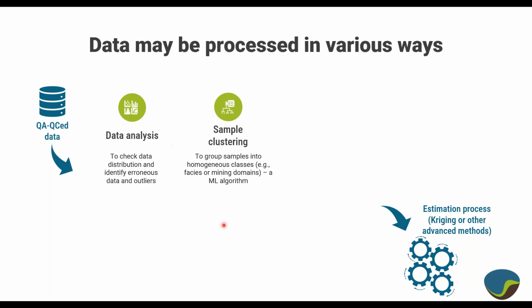If that work has not been done and we need to figure out what the domains are ourselves inside Isatis.neo, then we do have a sample clustering tool based on a machine learning algorithm, geostatistical hierarchical clustering, that with a bit of iterative work could be used to generate those sorts of domain codes.